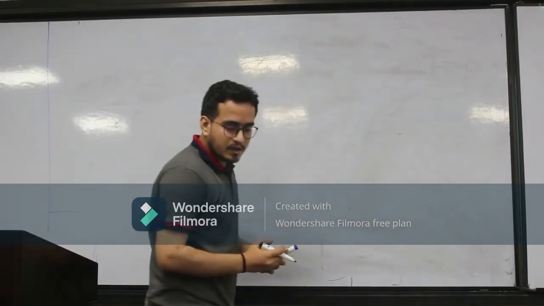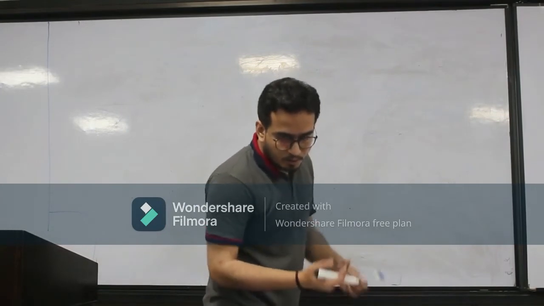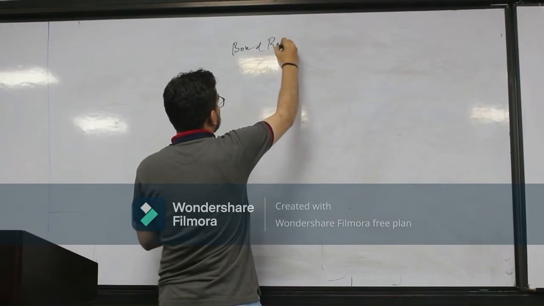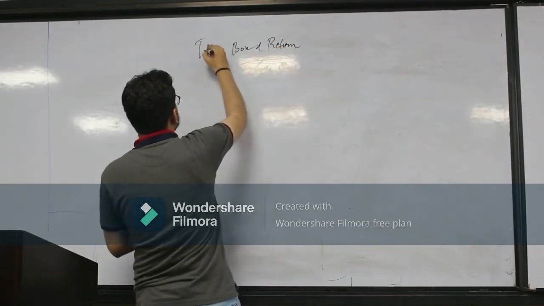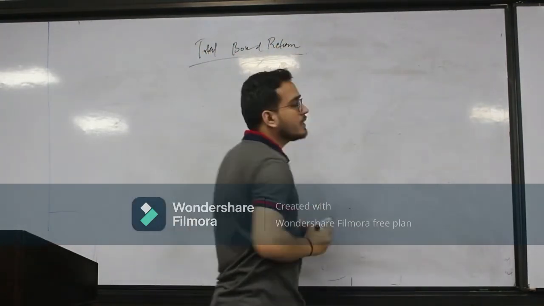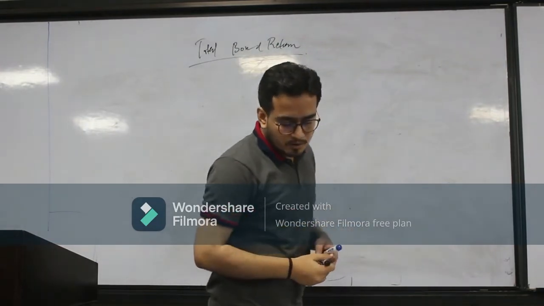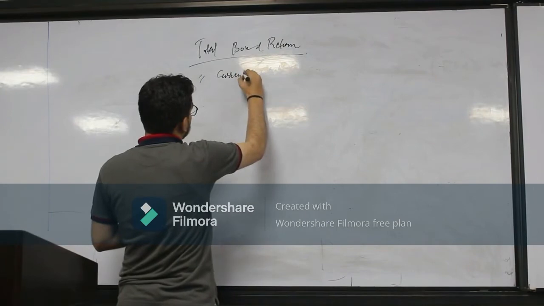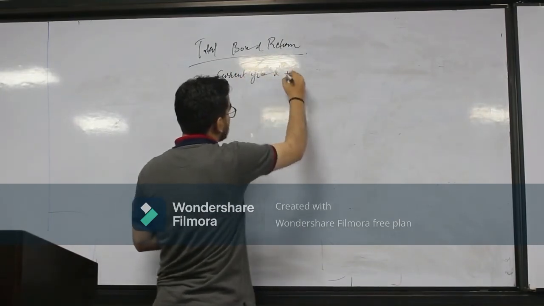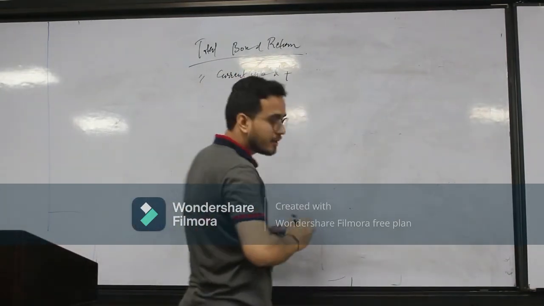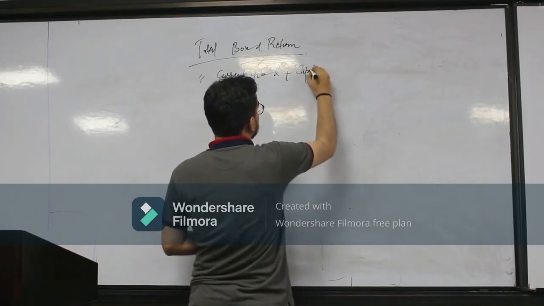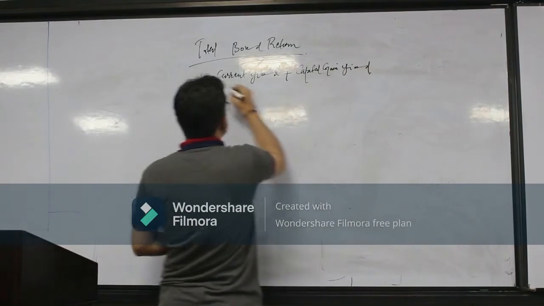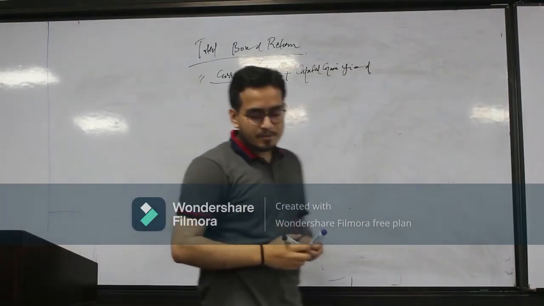Alright, so now another concept is total bond return. How can we find the total bond return? The formula for total bond return is equal to current yield plus capital gain yield. How can we find the current yield? That's pretty simple.